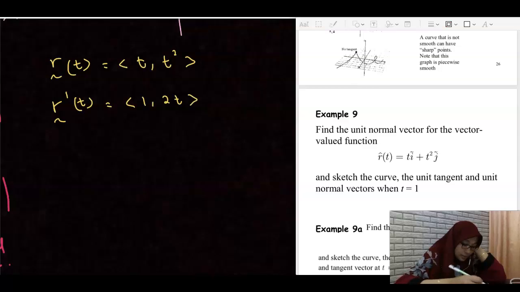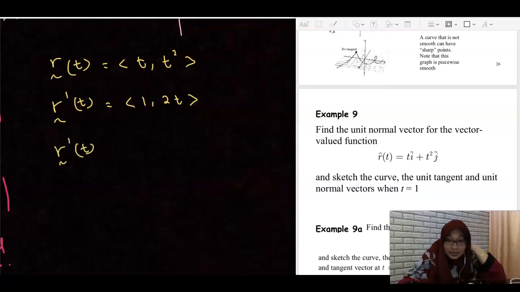And then you need to obtain its magnitude. Remember they give you the specific t, so after you compute each vector, you have to substitute t equal to 1.